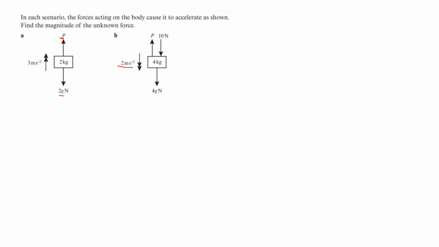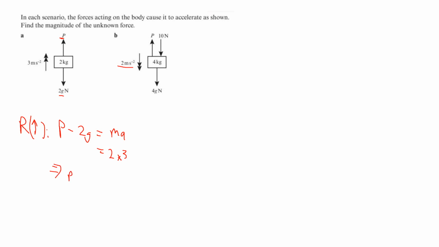Which means that if we're resolving up, right, P minus 2G is equal to mass times acceleration, which is equal to 2 times 6. No, 2 times 3, because our acceleration is 3. This means that we can solve it like an equation to work out what the forces are, okay?